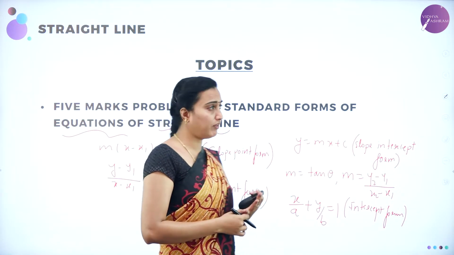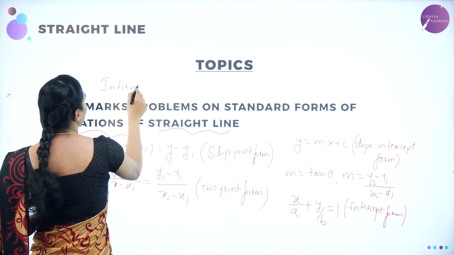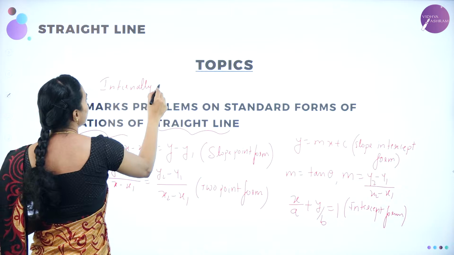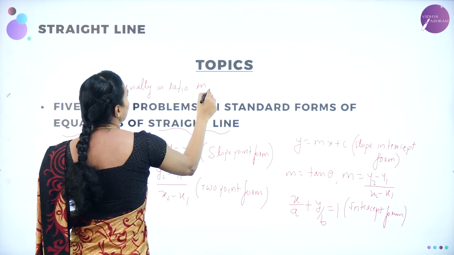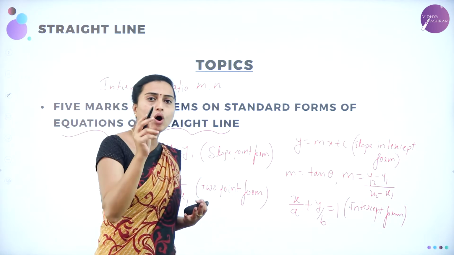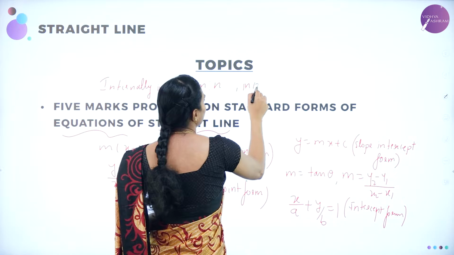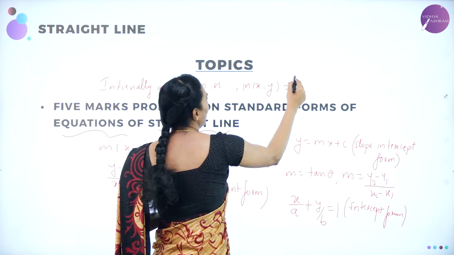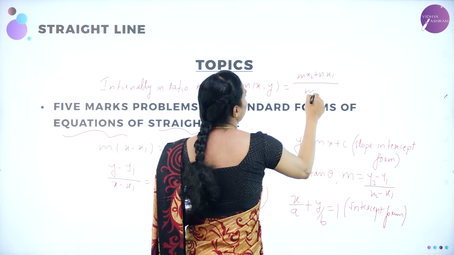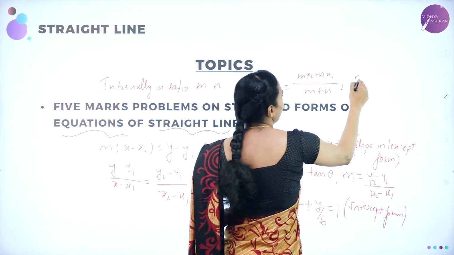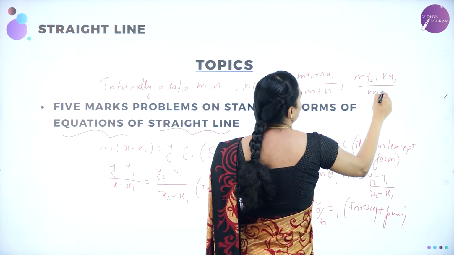The formula is, if it is internally in the ratio m is to n, then the coordinates x comma y are given by mx2 plus nx1 divided by m plus n, comma my2 plus ny1 divided by m plus n.